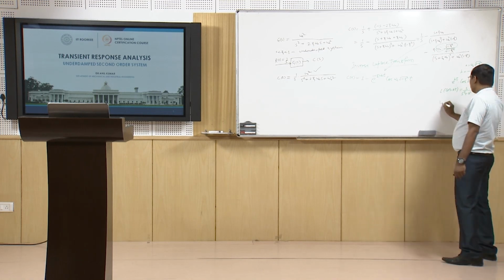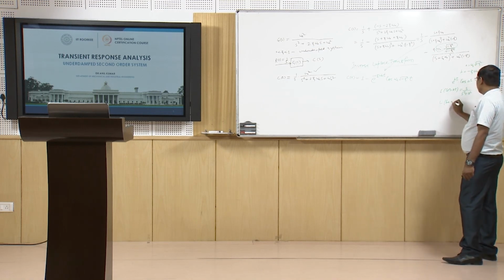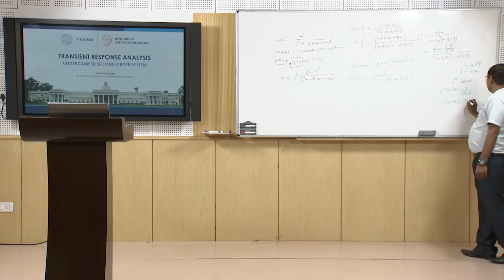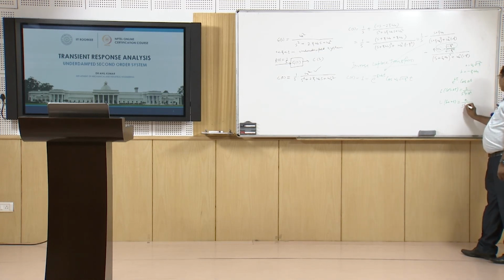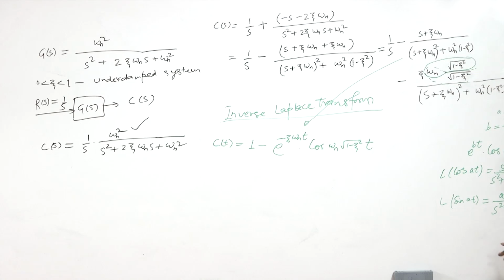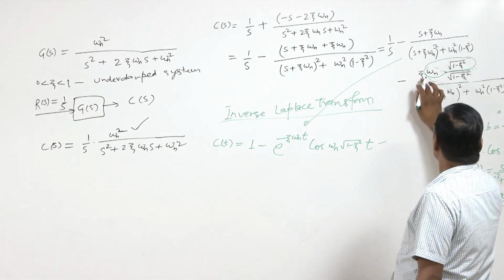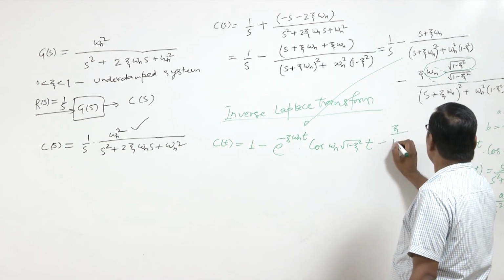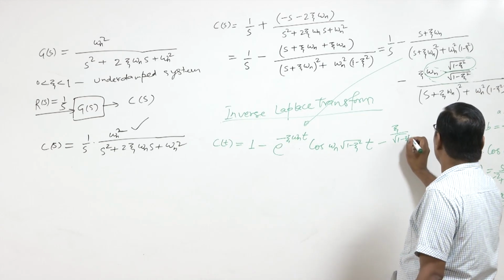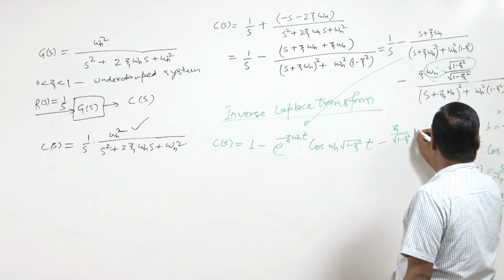Now, Laplace transform of sin a t equal to a upon s square plus a square. So here a is omega n root 1 minus zeta square, and we have this term minus zeta upon root 1 minus zeta square into e power bt.